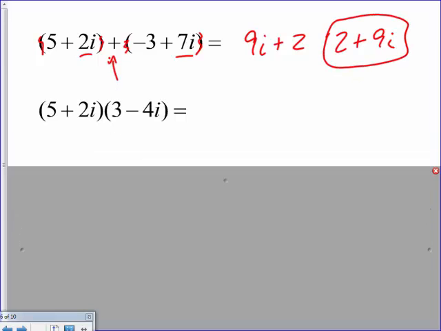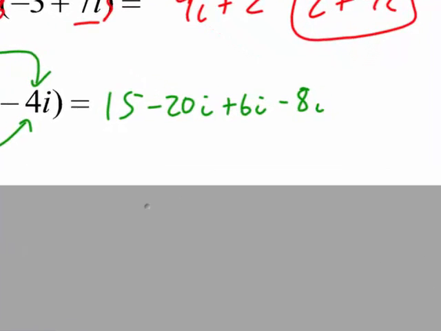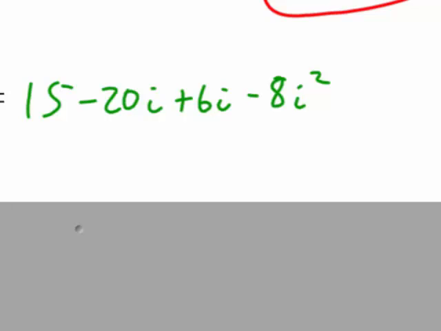How about here? Yep, run through our FOIL. So we got 5 times 3. We got 5 times negative 4i. We got 2i times 3. And then we got 2i times negative 4i, which is negative 8i squared. Let's simplify things. So we got these two combined to give me a negative 14i.